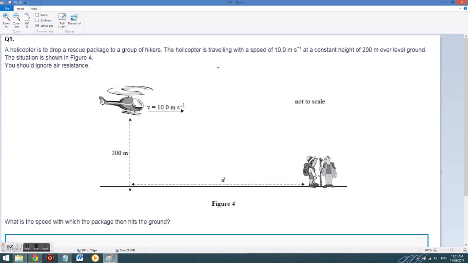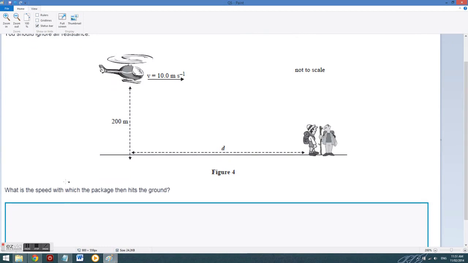The helicopter is traveling at a constant horizontal speed, labeled here, at a height of 200 meters. Ignore air resistance. What is the speed of the package when it hits the ground? We're looking for speed, not velocity.